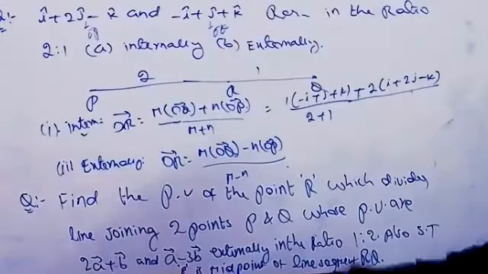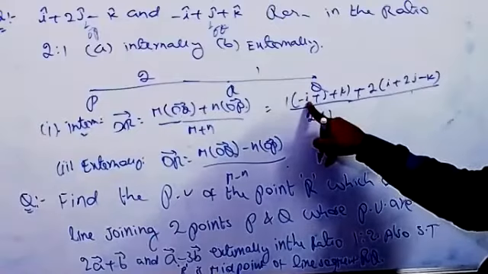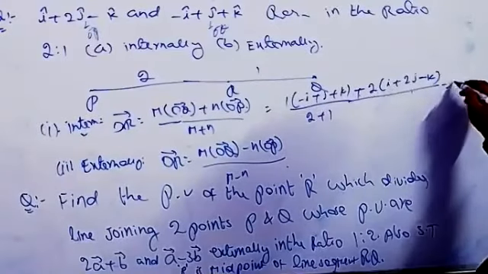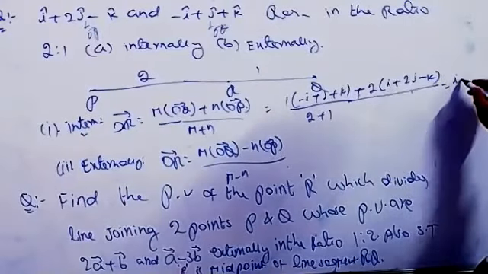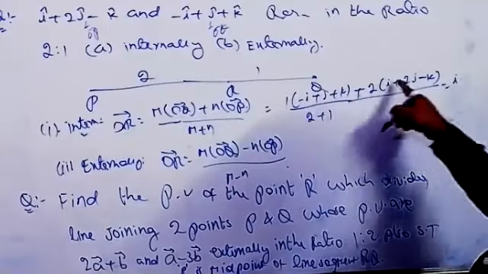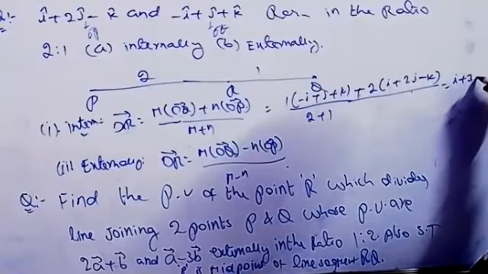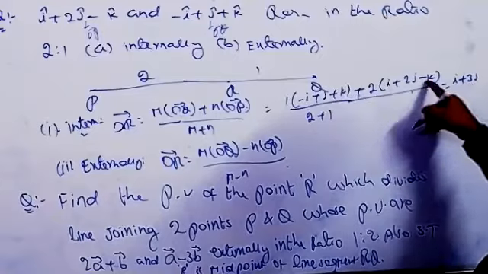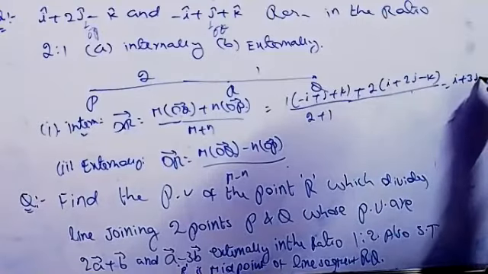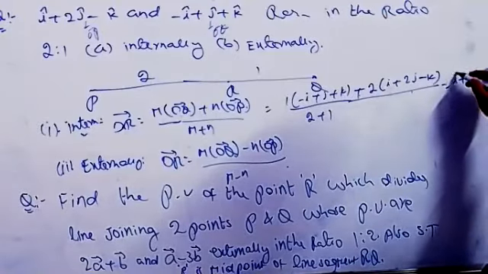Now simplify that. Minus i plus 2i, clearly we get i only. And j plus 2j means plus 3j. k minus 2k equal to minus k, whole by 3.